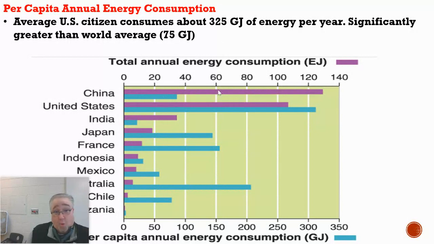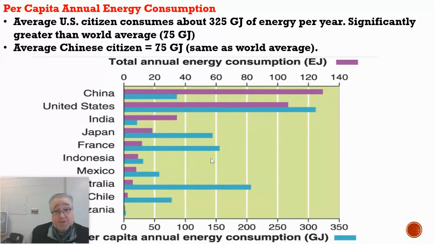China, the world's leader in energy use, take a look at what their per capita use is. It's only about 75 gigajoules. If you look at the bottom here, that's about the world's average, about 75. So, if we're talking about energy use as a country, I think China has to look at themselves basically because they have so many people.